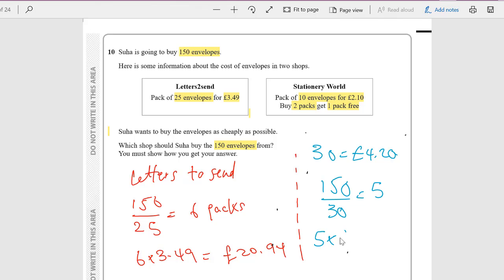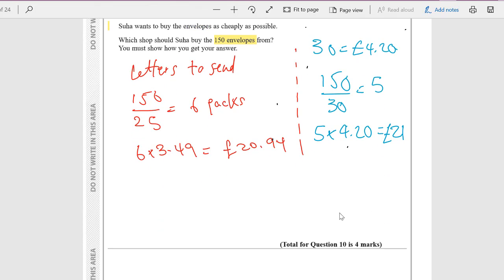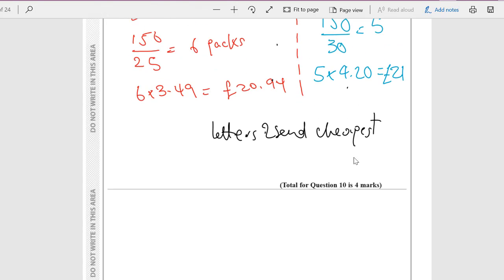So 5 times 4.20 gives you £21. So that means that Letters to Send is the cheapest, or best value for money, whichever way you want to put it.